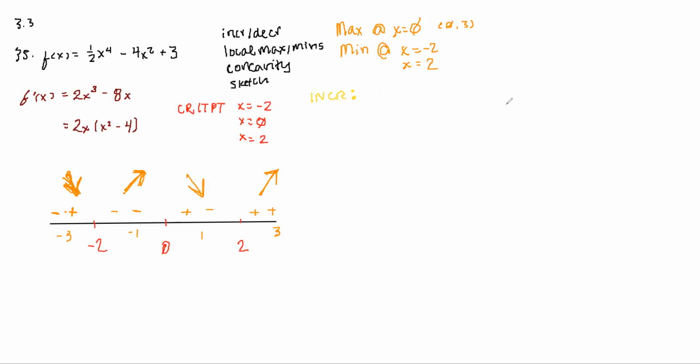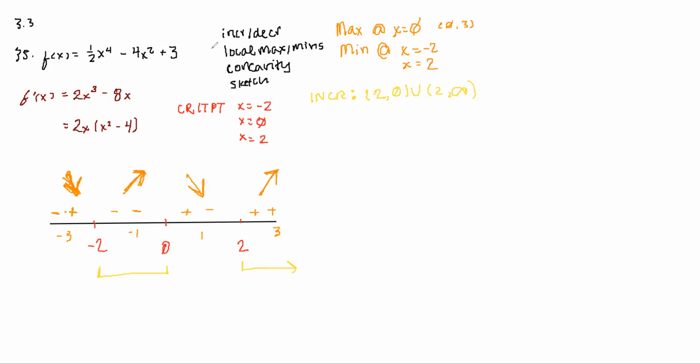I am increasing at the x value -1, but yes, the intervals I'm looking at are: increasing between -2 and 0, and then between 2 and infinity. So I'm going to be increasing from -2 to 0 and 2 to infinity.